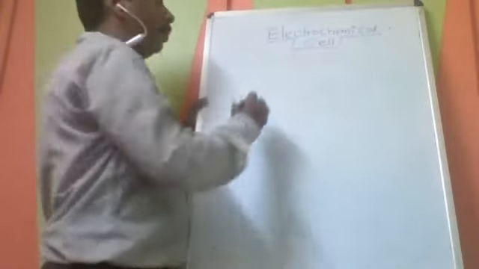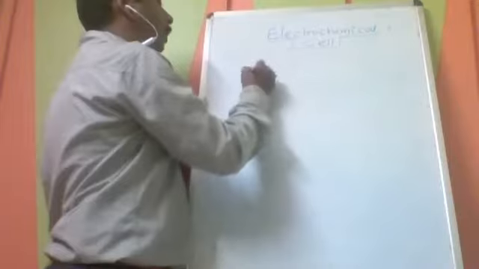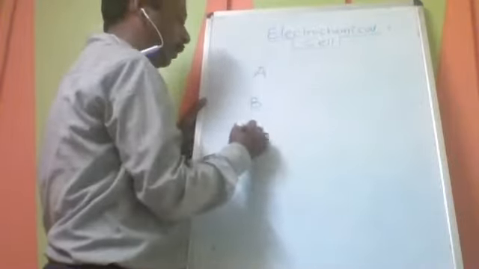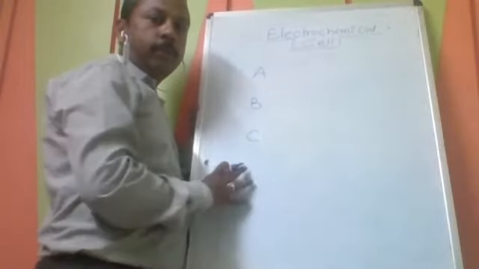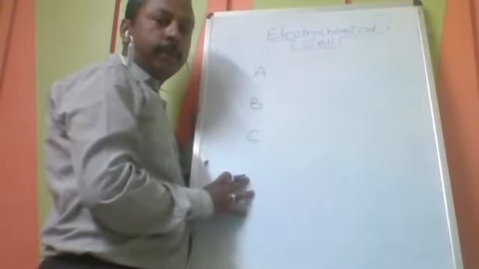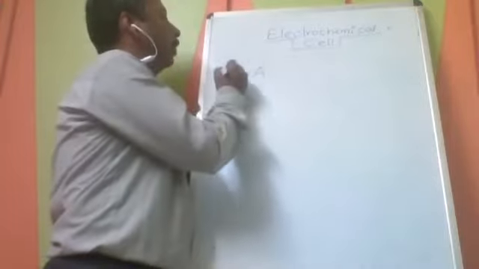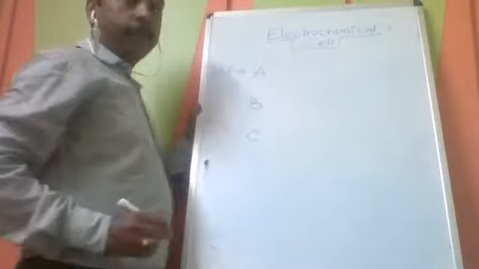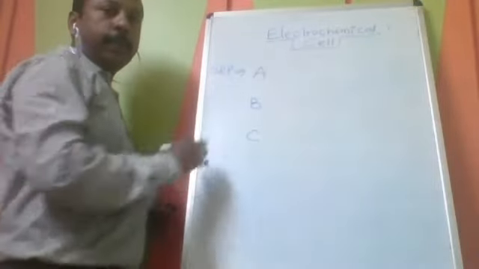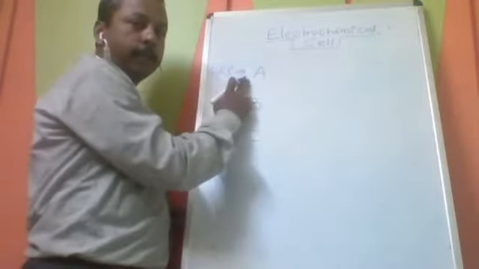So let us take examples A, B and C. These are three different electrodes. There is no permanent anode, there is no permanent cathode. Let us take SRP, the short form of standard reduction potential.